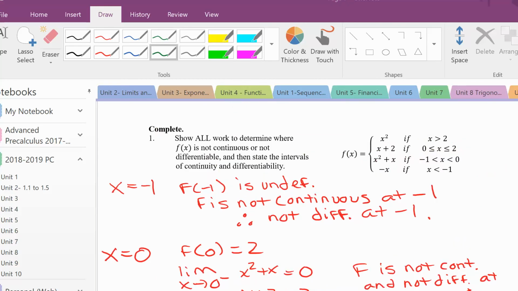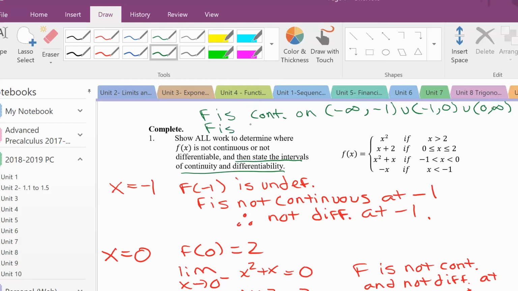Let me go back to number 1 for a second, because the last part says state the intervals of continuity and differentiability. So f is continuous on the interval of -∞ to -1, union -1 to 0, union 0 to infinity, because it is continuous at 2.